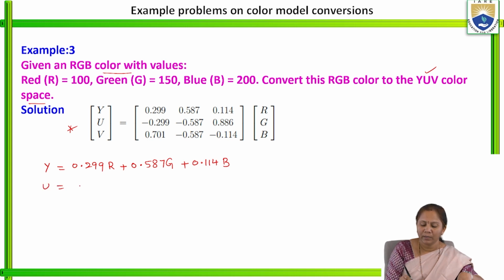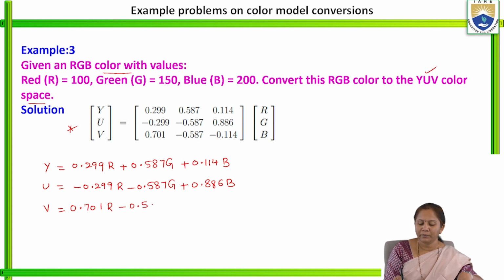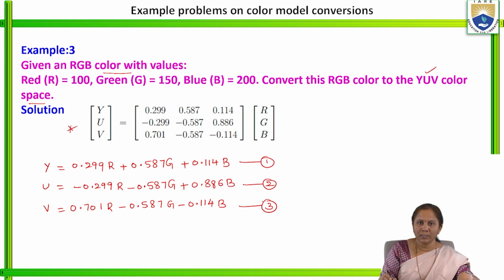For U, it is minus 0.299 into R minus 0.587 into G plus 0.886 into B. And to find V, the equation is 0.701 into R minus 0.587 into G minus 0.114 into B. These are the three equations we use to convert the given RGB to the YUV color model.